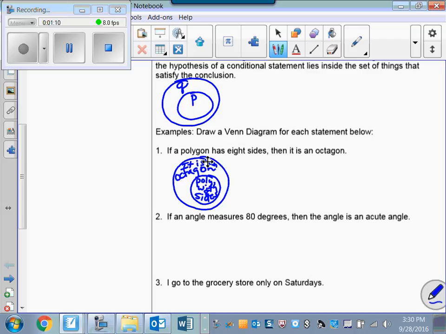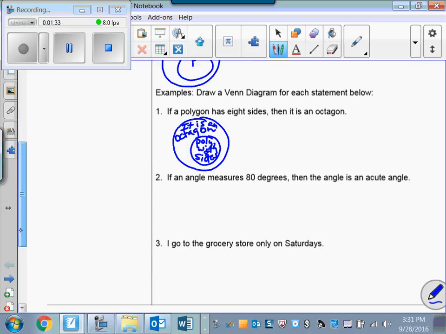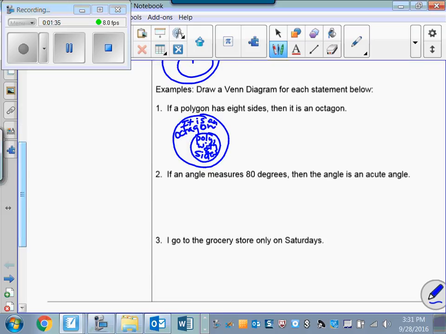Okay, although I have a little trouble deciding why that wouldn't be okay either way. If a polygon has 8 sides, then it is an octagon. If a polygon is an octagon, then it has 8 sides, because I don't think there are any polygons that have 8 sides that aren't octagons. So I really think that Venn diagram would have been okay either way.